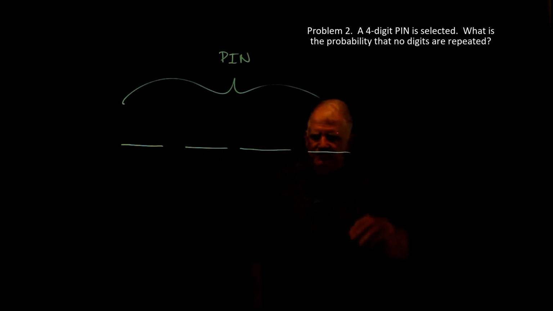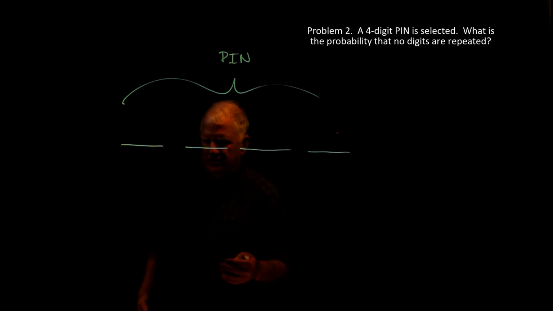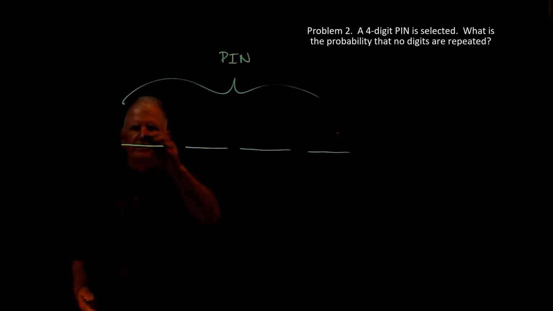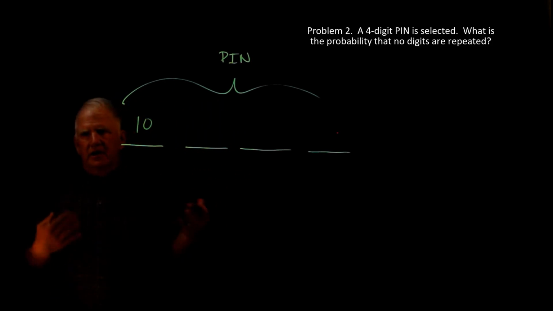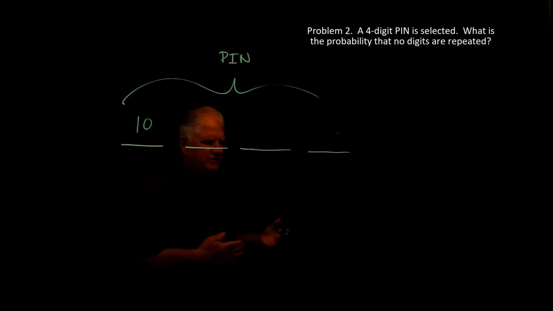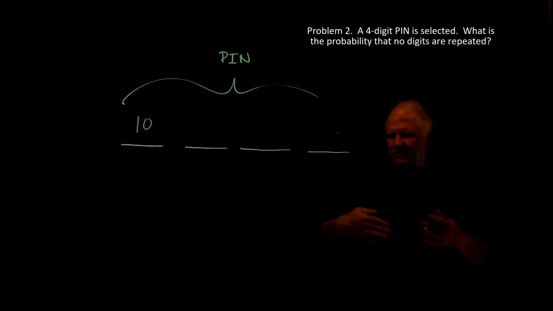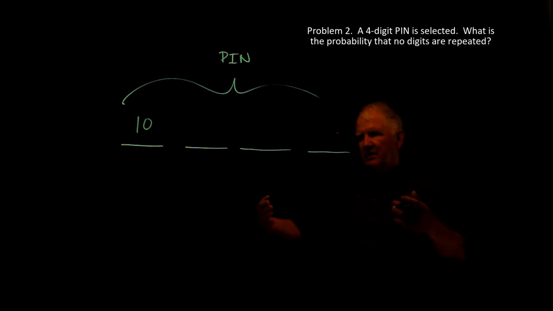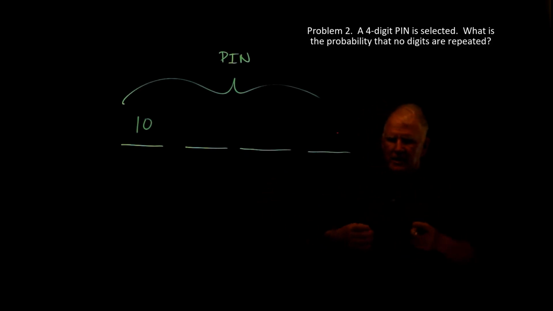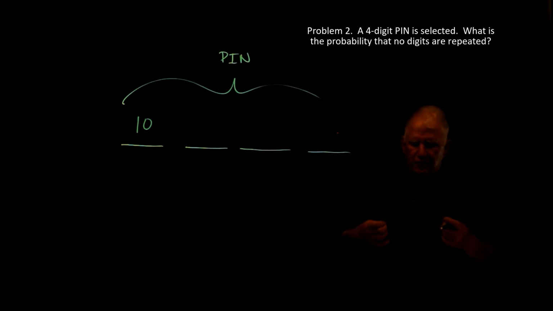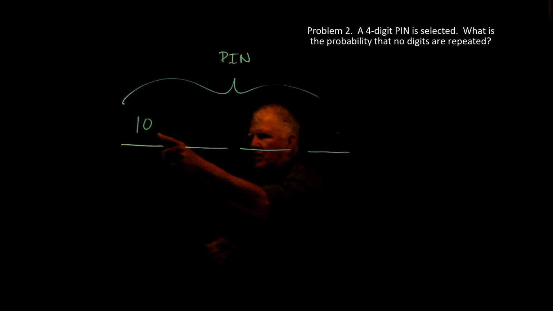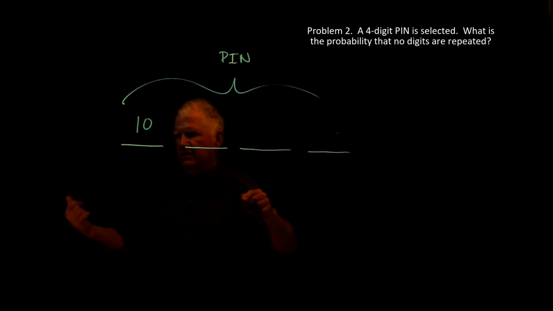How many ways can I fill that first slot? Well, there's no restrictions, there's no constraints on that first slot. I can put in any digit that I'd like. And now this second slot, if I'm going to fill the PIN up in such a way that I have no repeated numbers, then whatever number I used here is no longer on the board, it's out.